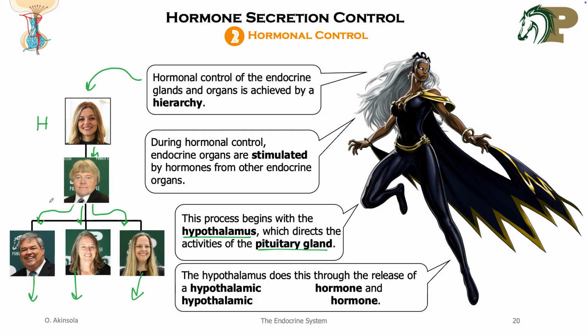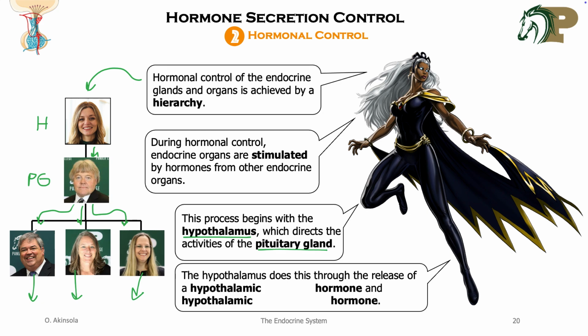The pituitary gland is Dr. Adams. Okay? And then Dr. Rutherford in particular would be an endocrine gland of some sort, like the thyroid gland or the adrenal gland, or the parathyroid glands, okay, et cetera, et cetera.